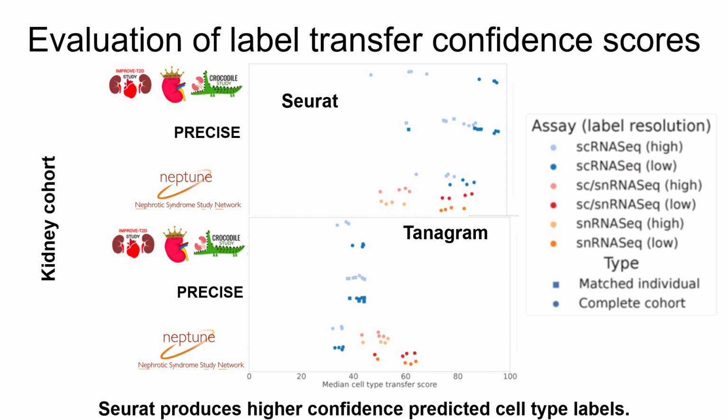Now our first evaluation of which algorithm did the best is to look at the label transfer confidence scores, which is along the x-axis here. It's apparent right away that Seurat produces higher confidence predicted cell type labels.